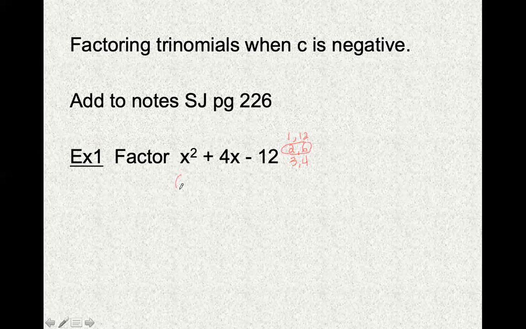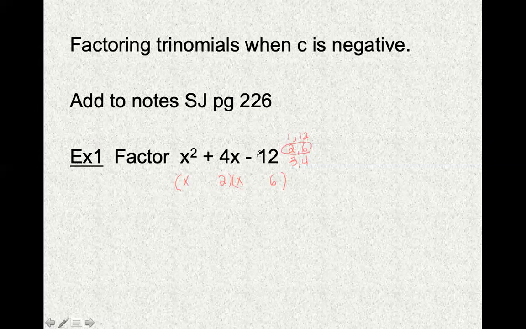So unlike yesterday and the day before, when you could put the numbers in the parentheses and just make sure the signs were the same, we can't do that today. All right, so we have to be a little more careful. We know our factors are 2 and 6, but we need to end up with a positive 4.